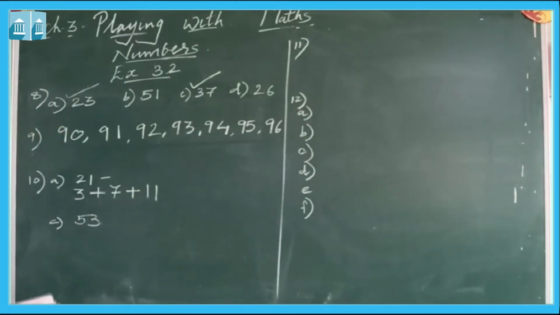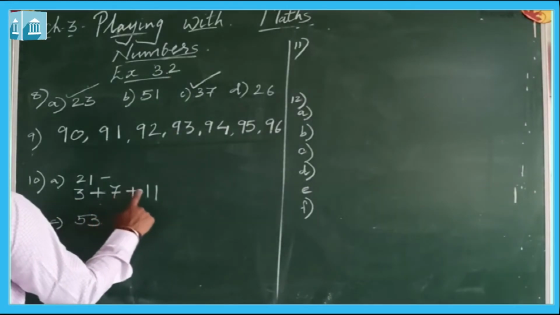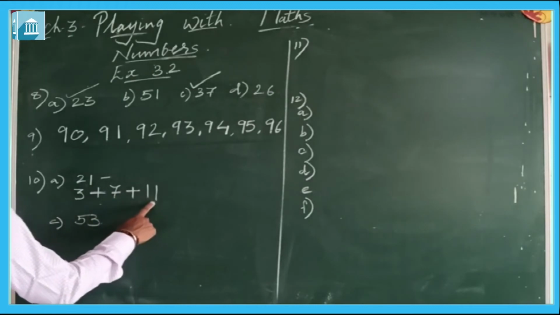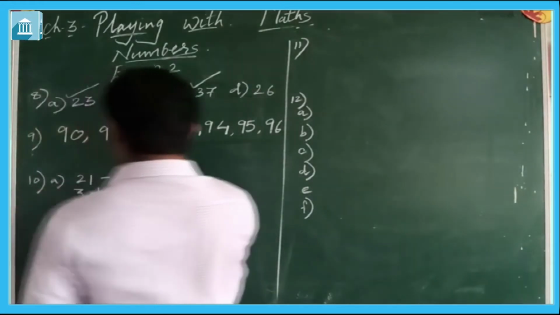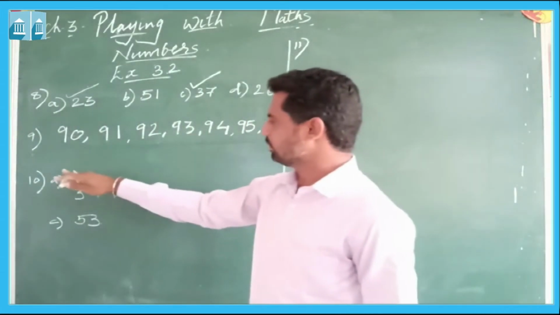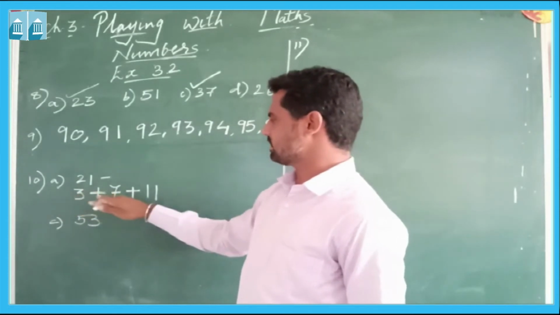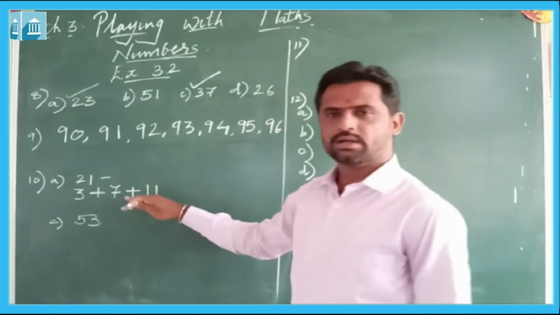This 3 plus 7 plus 11 is equal to 21, and 3, 7 and 11 are also odd numbers.